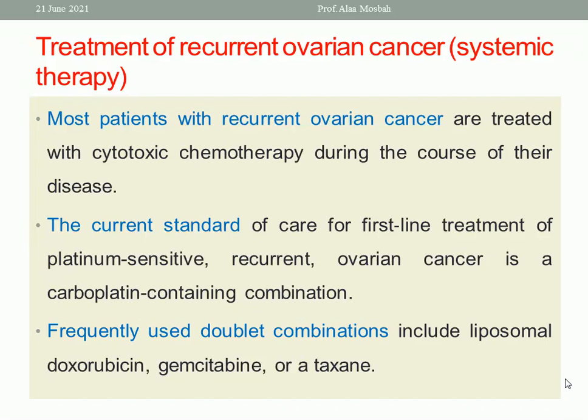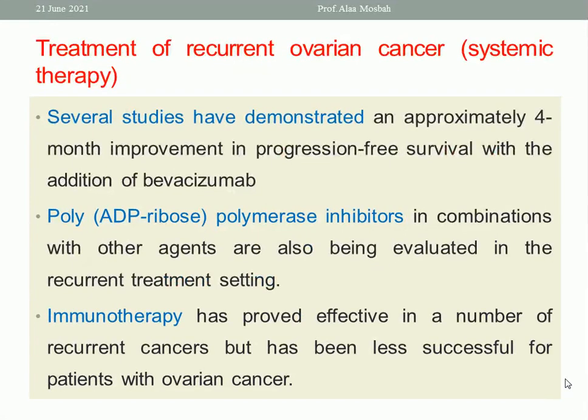Frequently, I can use also liposomal doxorubicin, gemcitabine, or taxane. Several studies have demonstrated approximately 4 months improvement in progression-free survival with addition of bevacizumab.